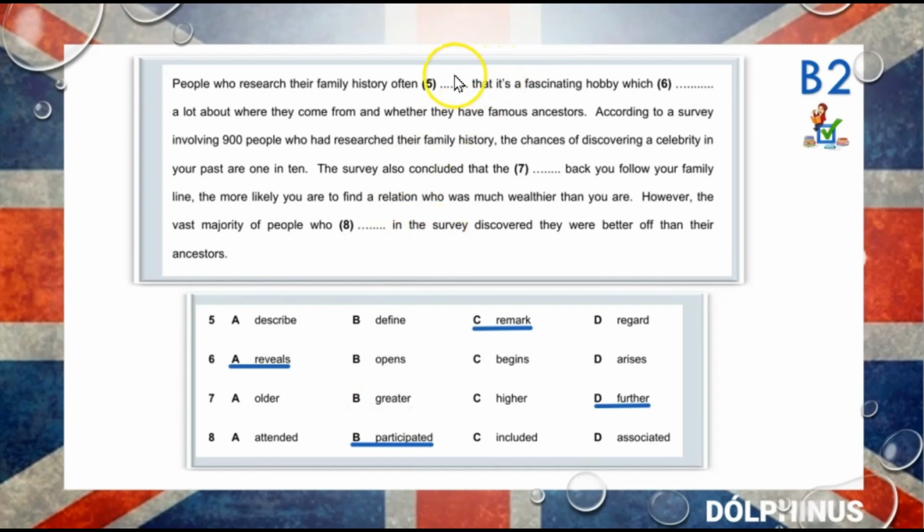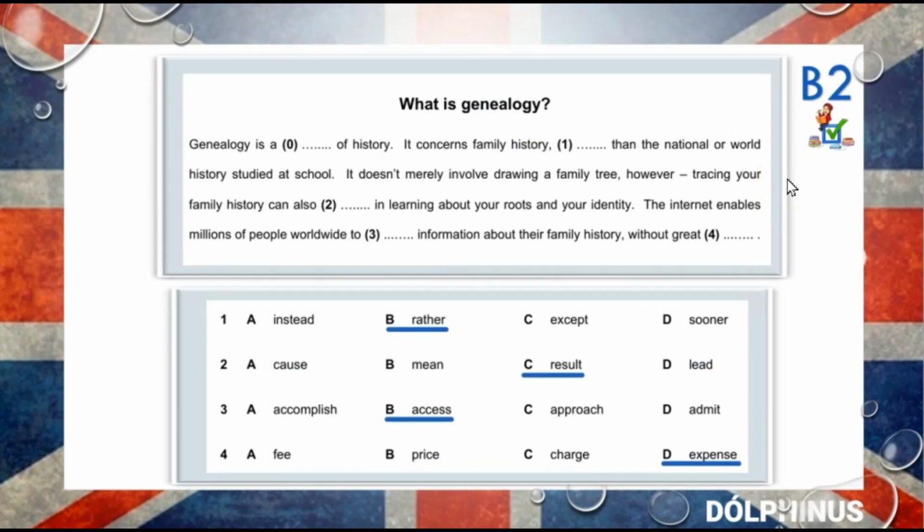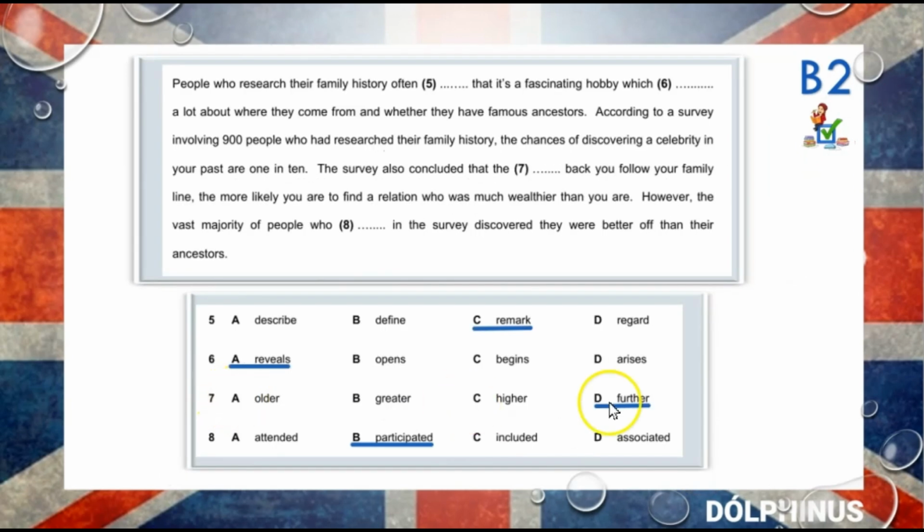Or for example, geology reveals if you have famous ancestors. There are also fixed common expressions, for example, without great expense, which means without spending a lot of money. In 7, you have further back. We always say further back in time.